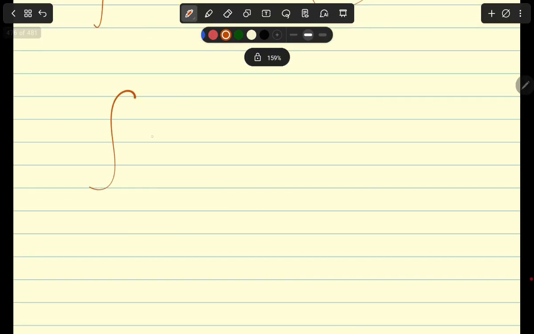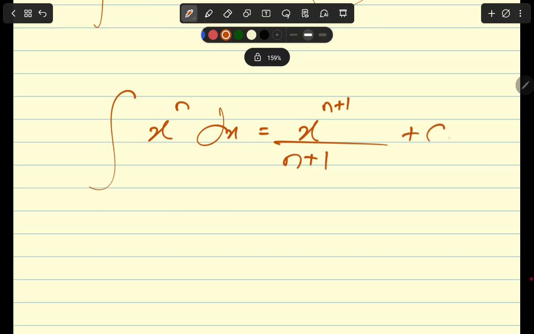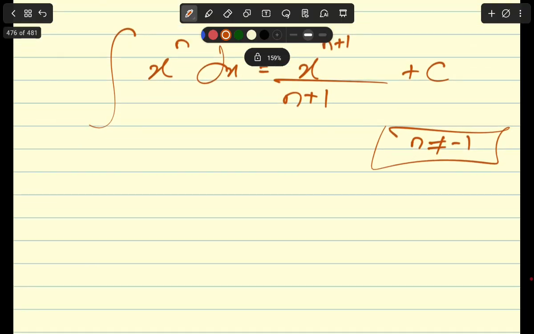So I will just write down the rule nonetheless. If this is x^n and you are integrating it, this becomes x to the power of n plus 1 divided by the new power, and then plus c, which is the constant of integration, and hence n cannot be equal to negative 1. When n is equal to negative 1, there is a special case, and we will learn that when we are doing logarithmic integrations.